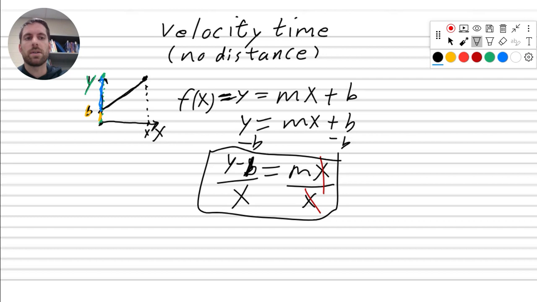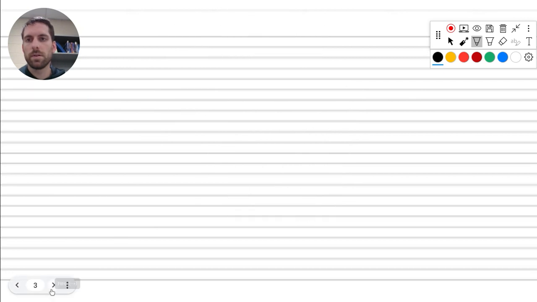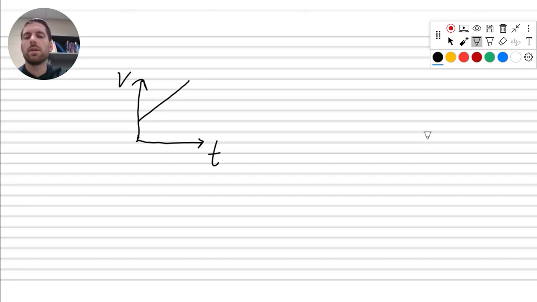Let's do something similar now with velocity versus time, and that's how we're going to derive this. So to start, let's draw another graph. We will draw this upward, same as before. This time around, let's use a v and t, and this is going to be our y, this is going to be our x. So let's write out everything we know. This is going to be some v initial here, and we're going to write out our equation.